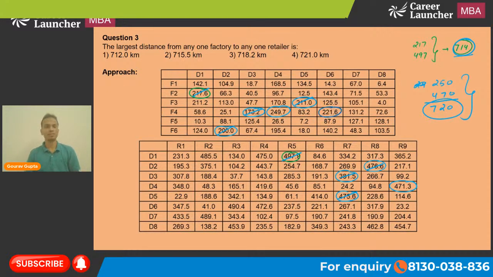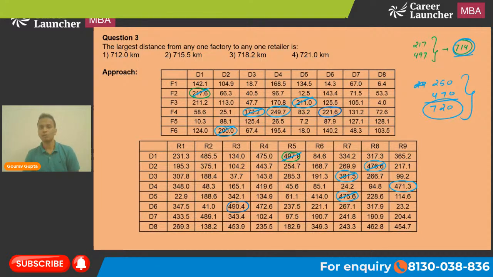So D6 221 and 490. Yes, we are getting some closer numbers. The sum will be 711 point something, which is less than 720. Right? Are you able to understand?